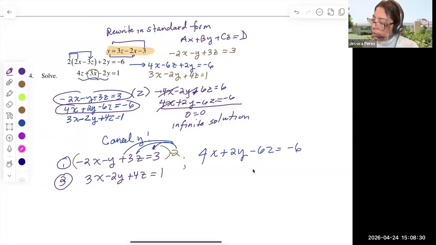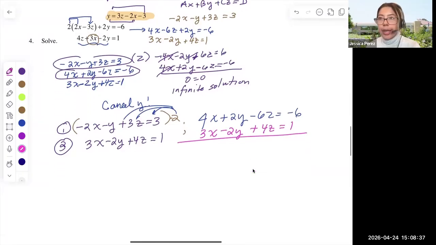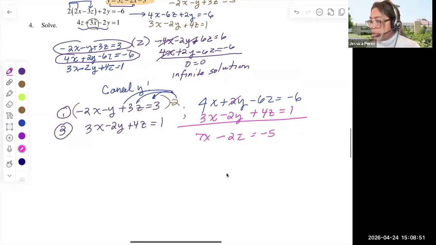And then 3x minus 2y plus 4z equal 1. Let's go ahead and add these together. I get 7x, I cancel my y's, and minus 2z is going to be negative 5. So now I have almost something in terms of one single variable. So I'm going to solve for z.